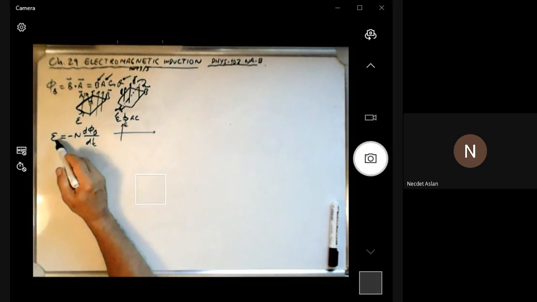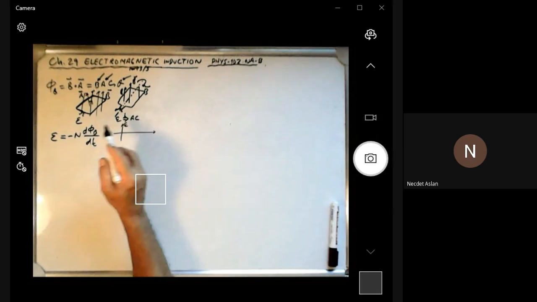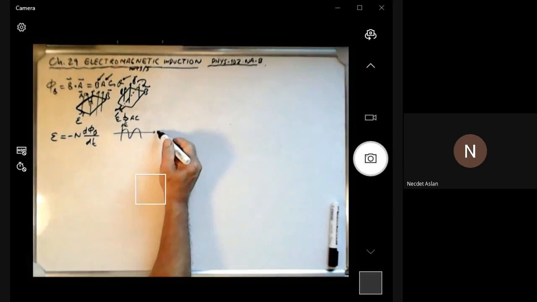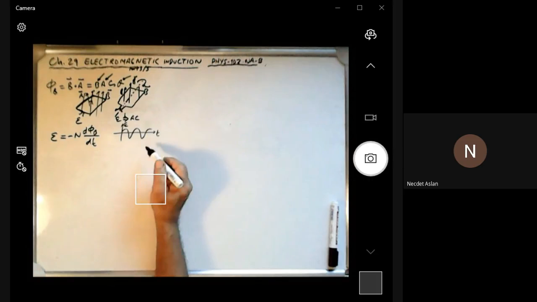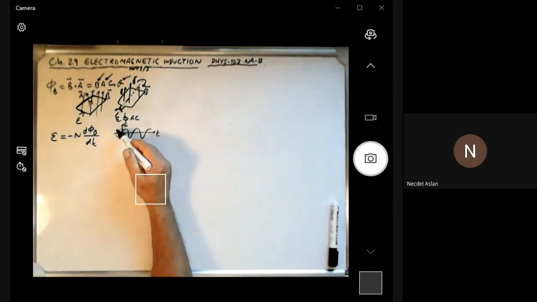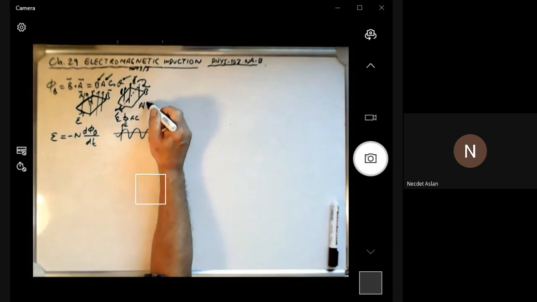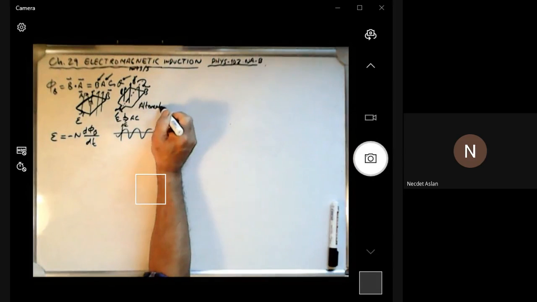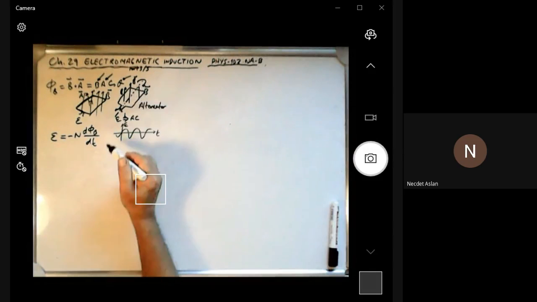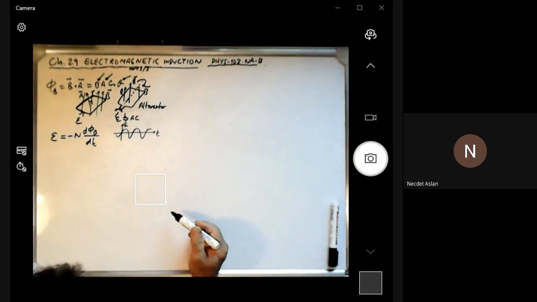The induced electric field will change in time as a sinusoidal wave, a sinusoidal signal. So this is the basics of an alternator. Of course, for alternators, we don't have only one winding. We have more than one winding.